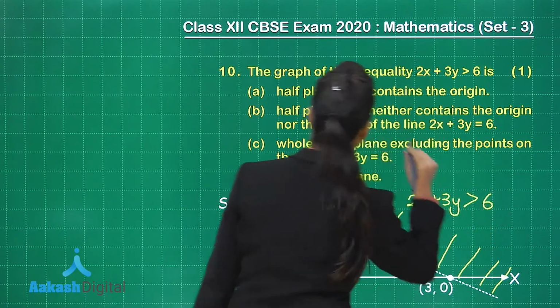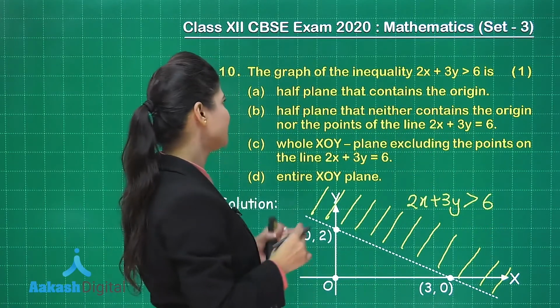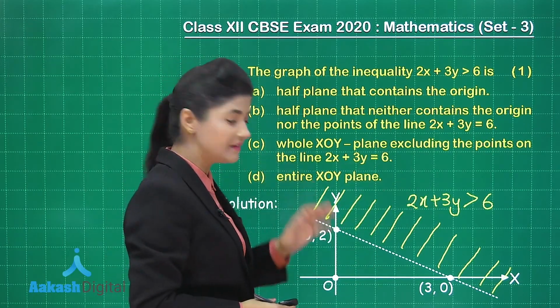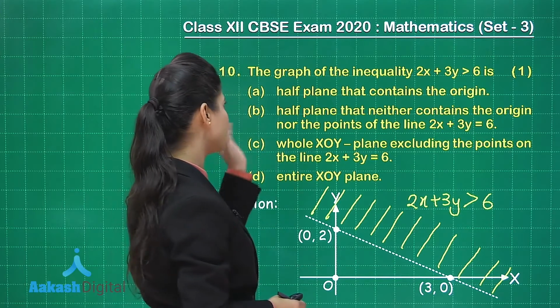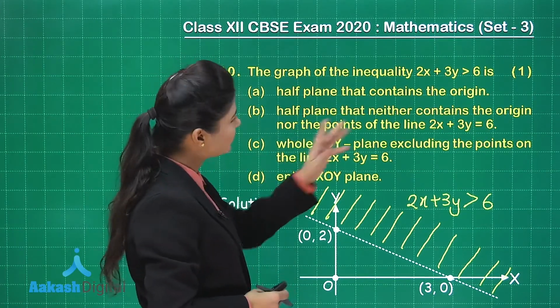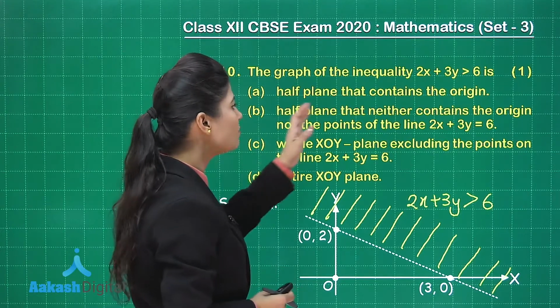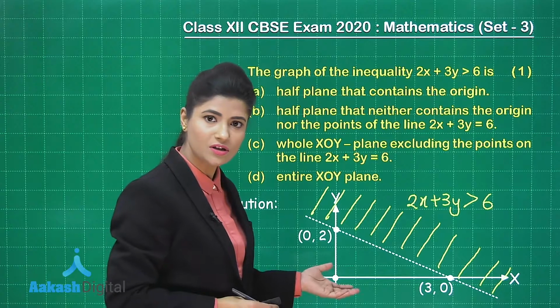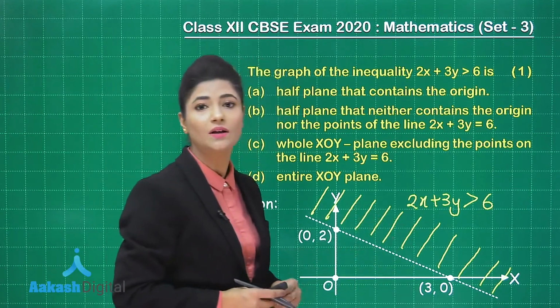Now in this case, let's come to the first option. Here it states half plane that contains the origin. Here the graph is definitely not containing the origin, so option A is definitely incorrect. Coming to option B, it states half plane that neither contains the origin nor the points of this given line. So it's quite obvious it is not containing the origin nor the points of this line. Why not?